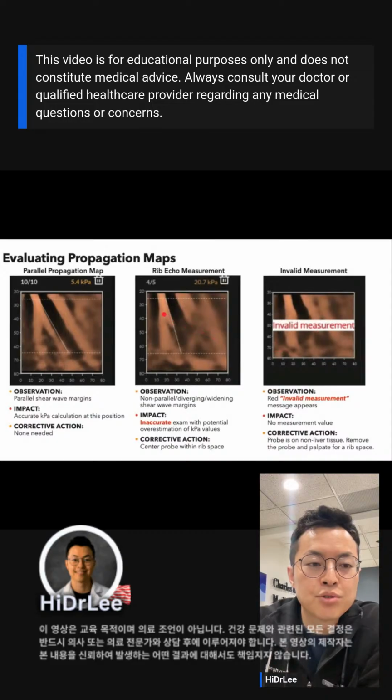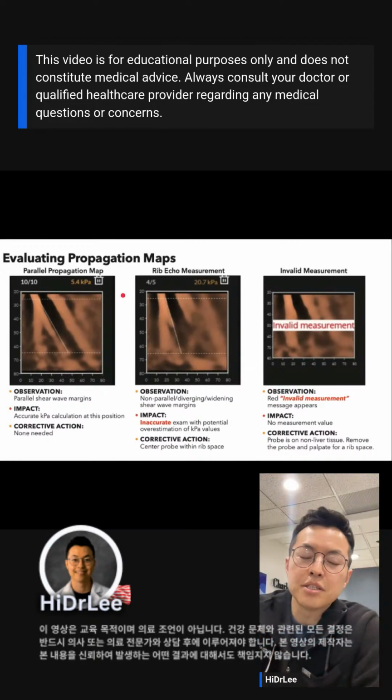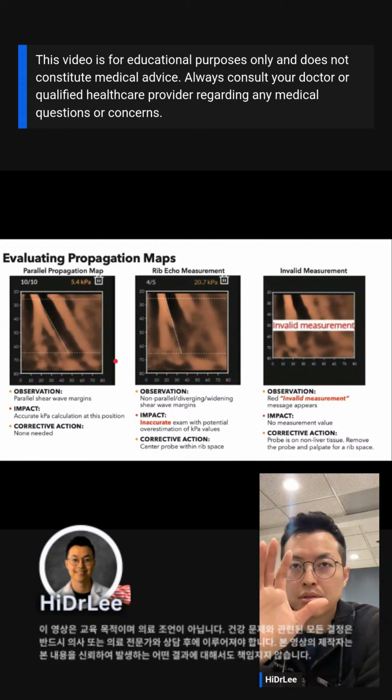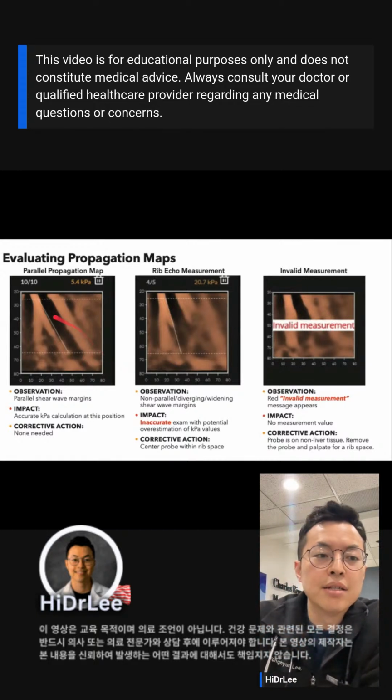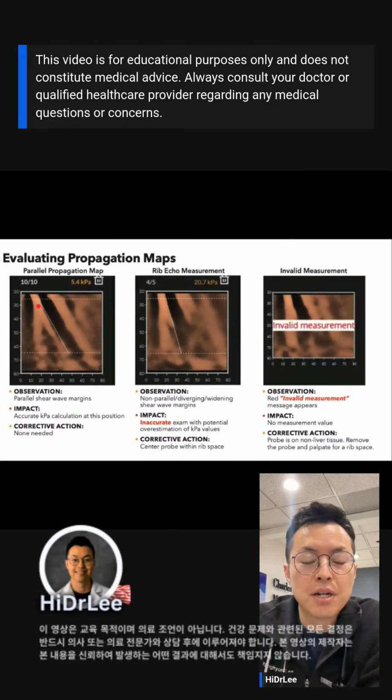And this is the picture of the actual test result, and depending on the slope incline, we can tell how much fibrosis is in the liver.